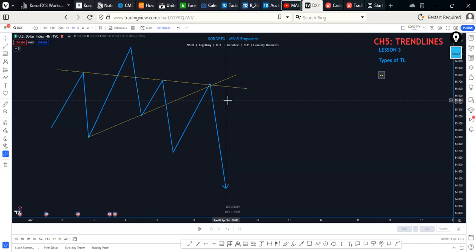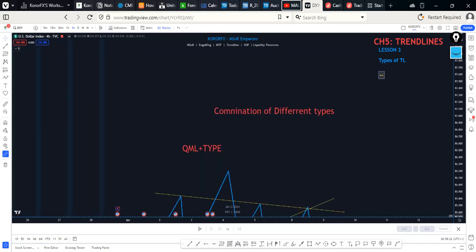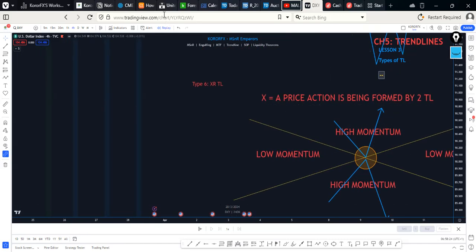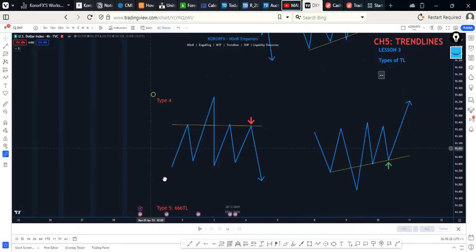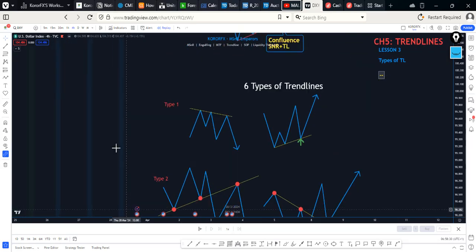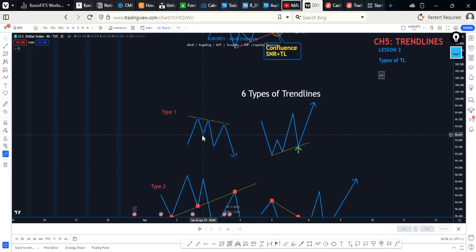In different ways, you may want to add type 6 and also type 1. So we got a type 1. Sometimes you have to bear in mind type 1 is here. This is type 1, right? So this is type 1 of trend lines.